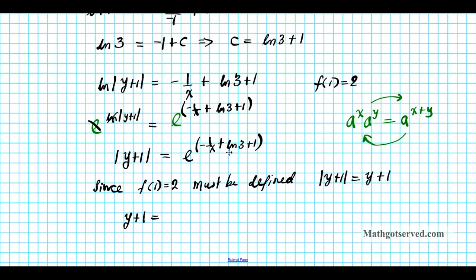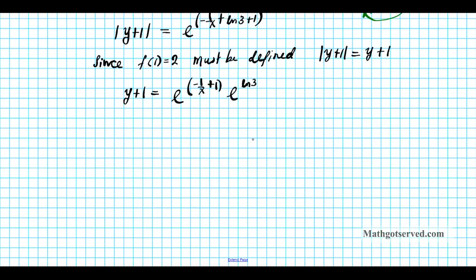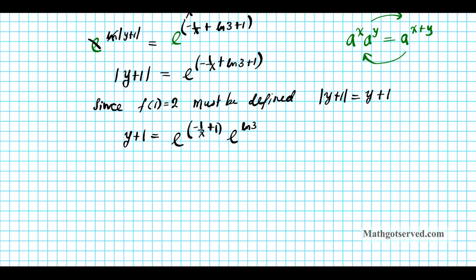Okay, what I'm going to do is I'm going to group negative 1 over x and 1 together, because e cannot neutralize them, but e to the ln 3 can be simplified. So I'm just going to separate that, okay? I'll take the two that cannot be simplified and cluster them together, e to the negative 1 over x plus 1, and then e to the ln of 3, I'll keep by itself because that can be simplified a little bit further, all right?